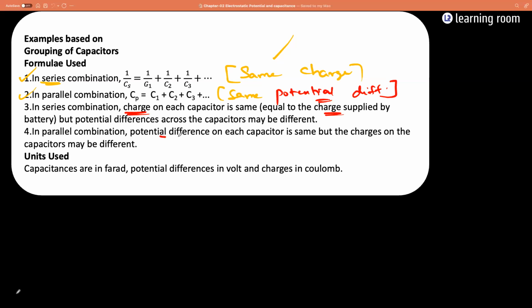Whereas in a parallel combination, the potential difference on each capacitor is the same, but the charges on the capacitors may be different. They use the word 'may' because if all the capacitors are of equal capacitance value, there is a possibility that the charge will be the same also. That is the reason why they say the capacitors may have different charges, right?